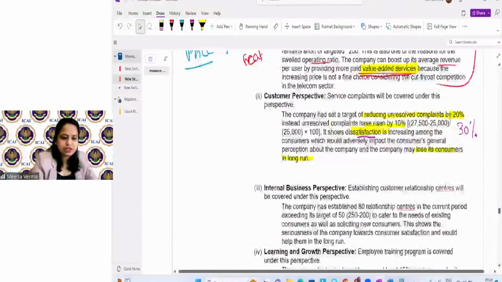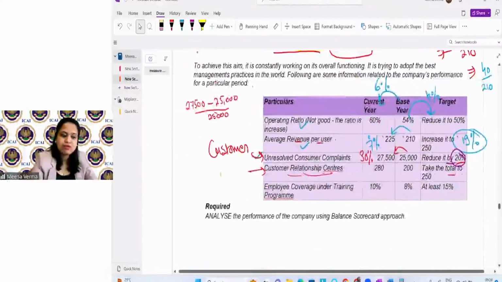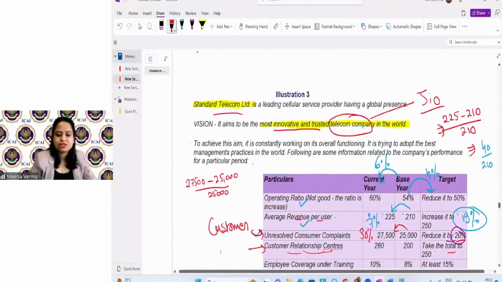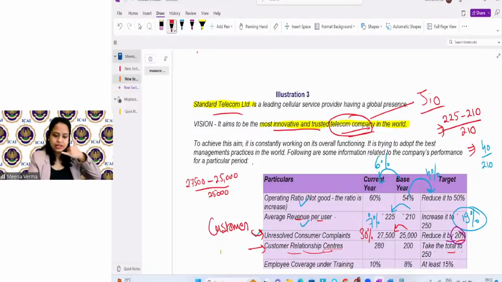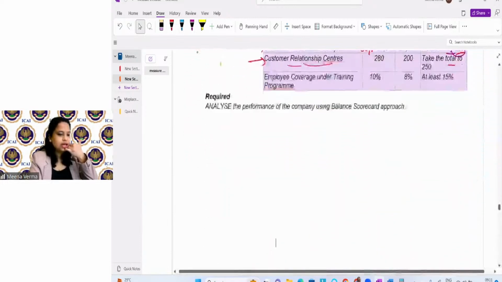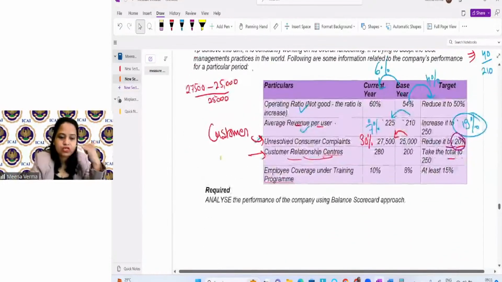It will go to internal business process, because what is the nature of the business? The business is a telecommunication company, phone company, like Jio, Airtel. And in this case, what was the company goal?